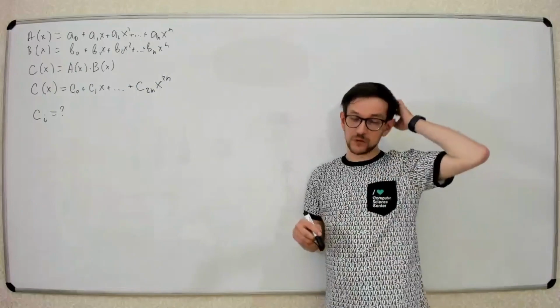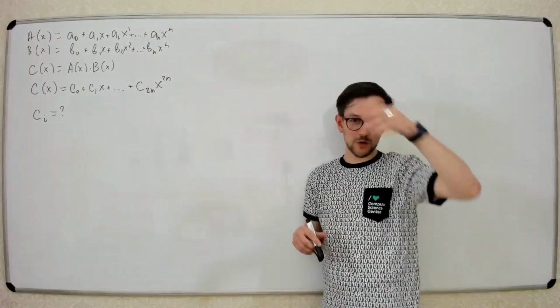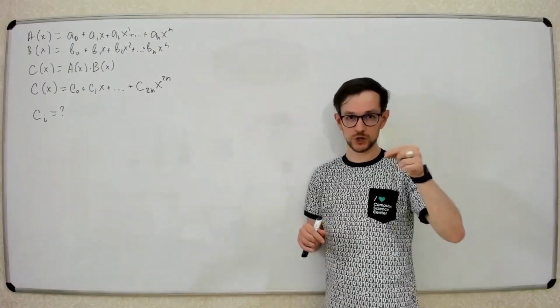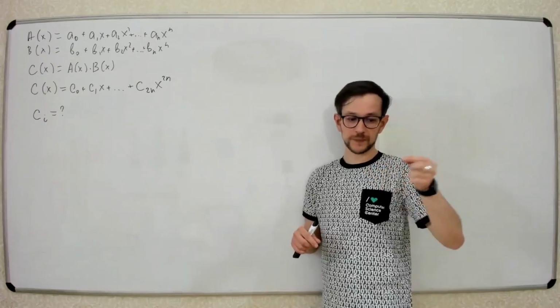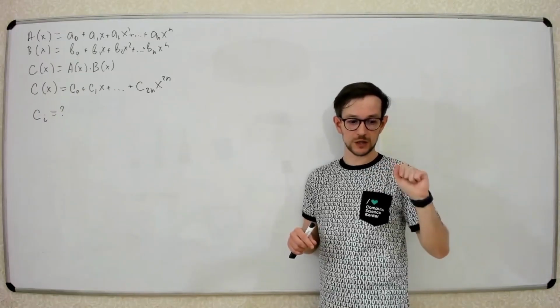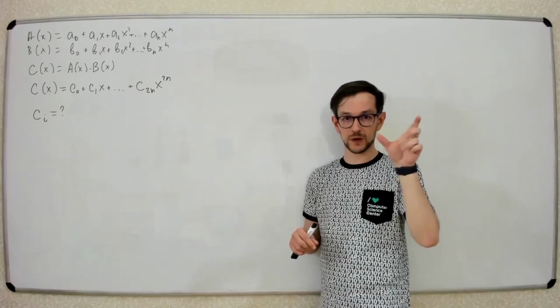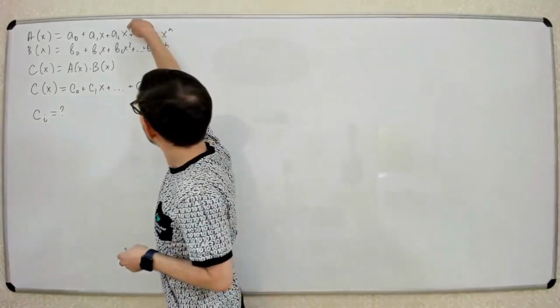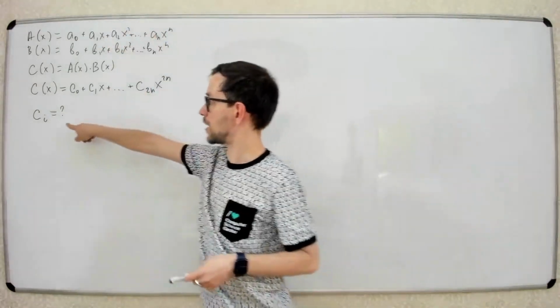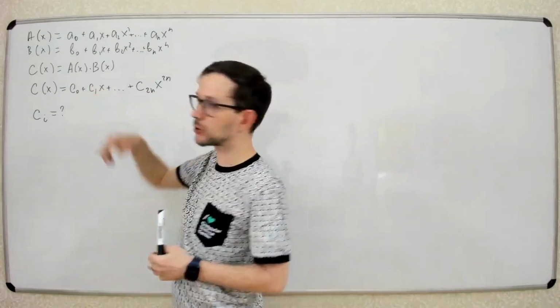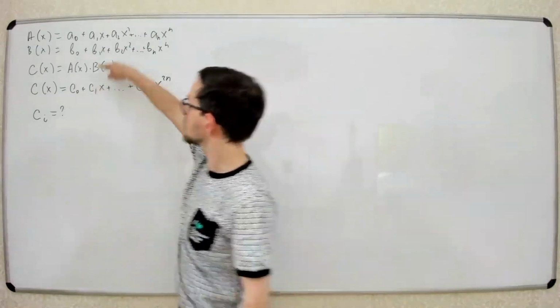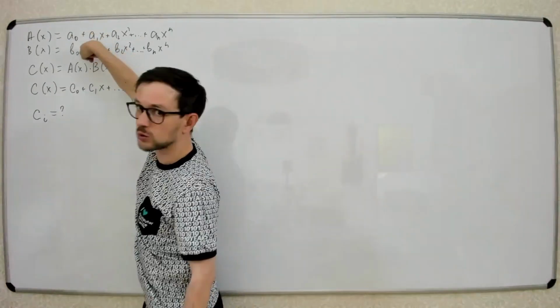We need to take the sum of all possible products of two coefficients of a and b, such that the sum of the powers of x will be equal to i. So, for example, if I want to calculate the first coefficient, it will be just the product of these two coefficients.